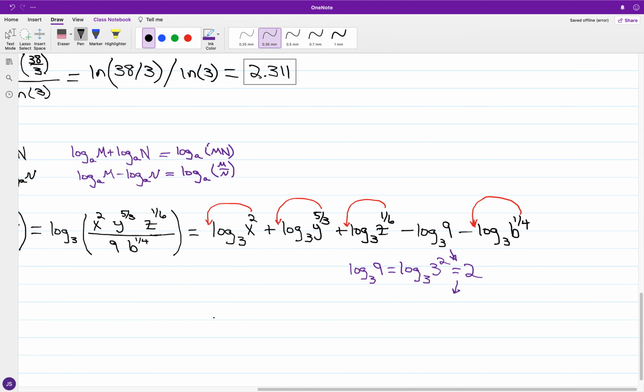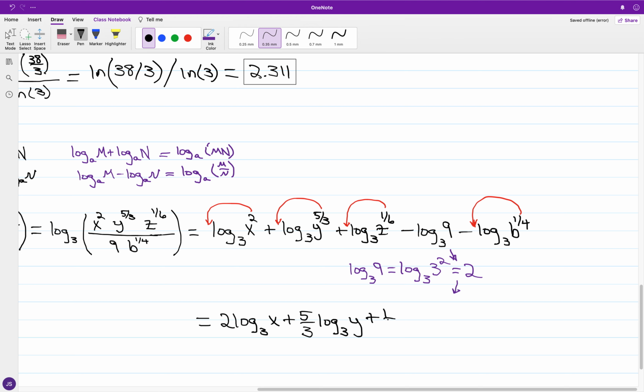So for what we are going to have in the follow-through, okay, so first term we have 2 times the base 3 logarithm of x. Next, okay, so we have plus 5/3 the base 3 logarithm of y.